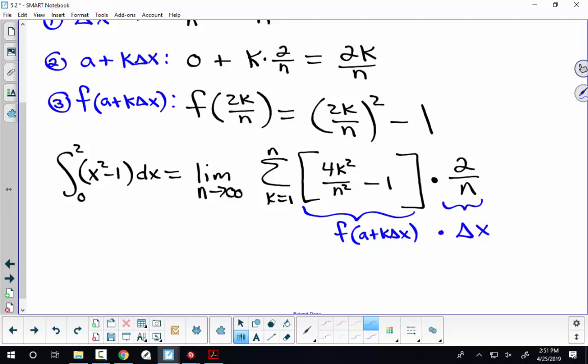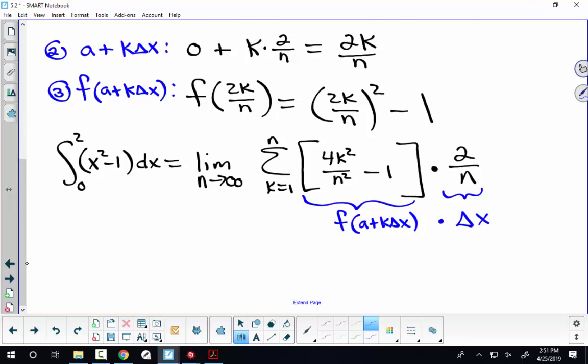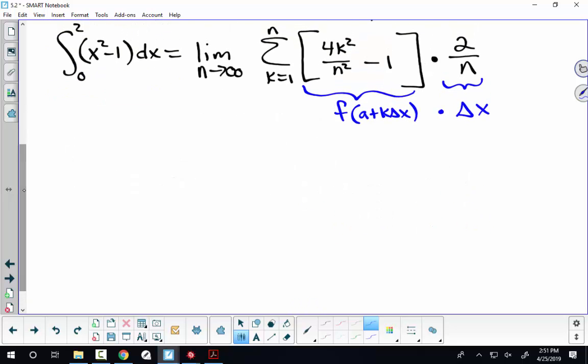So here, again, we'll do the same thing we did in that last one. We'll combine all of these things, see which terms involve k and n, and deal with those respectively. So the first thing we're going to do is distribute the 2 over n into the brackets. So we still have the limit as n goes to infinity of the sum from 1 to n.